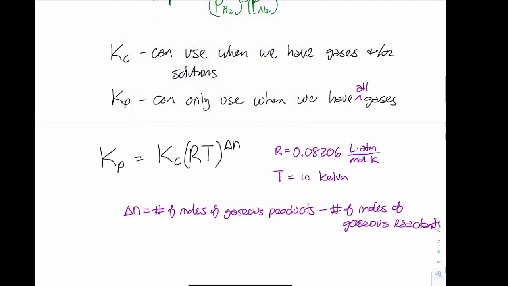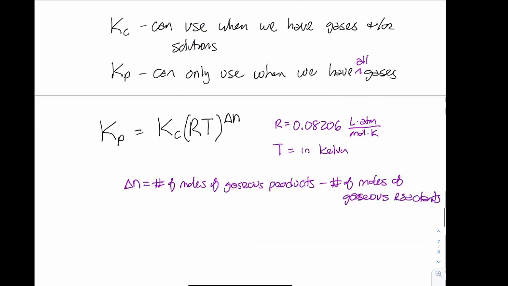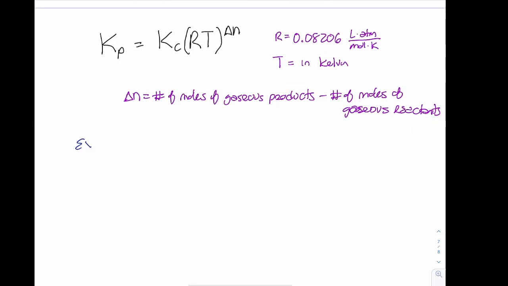So let's do an example here. So we're going to determine my equilibrium constant in terms of concentrations and Kp for the following reaction.